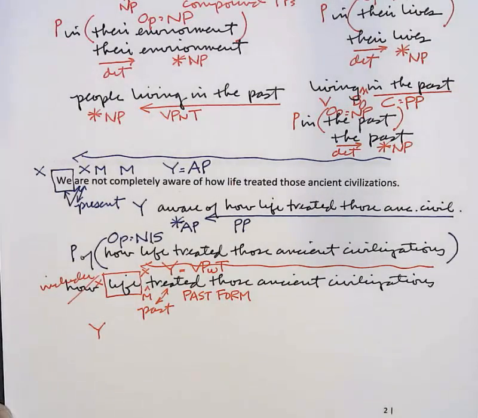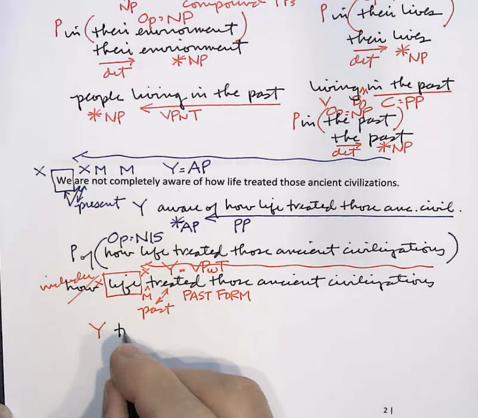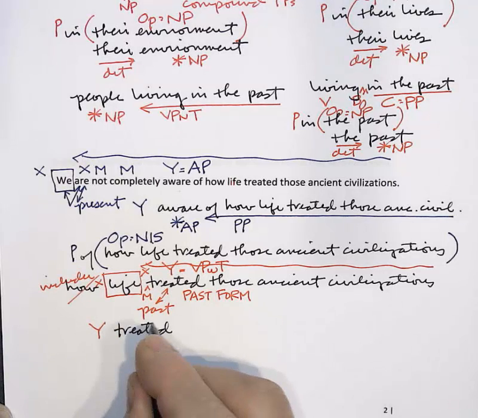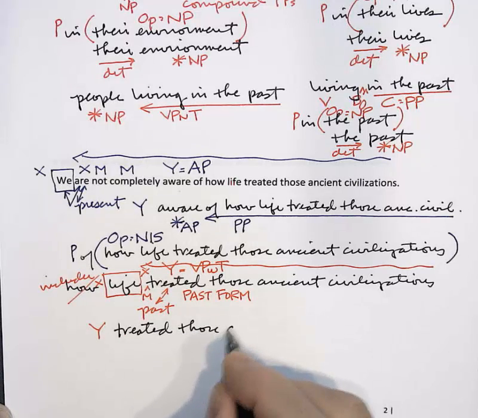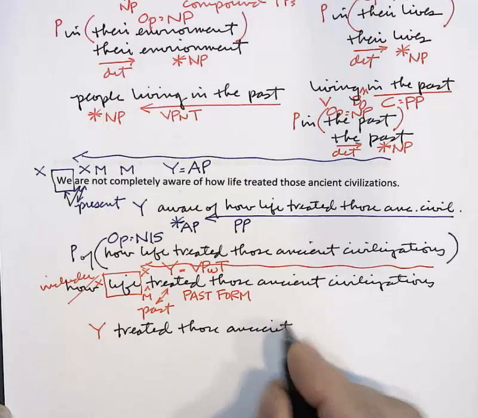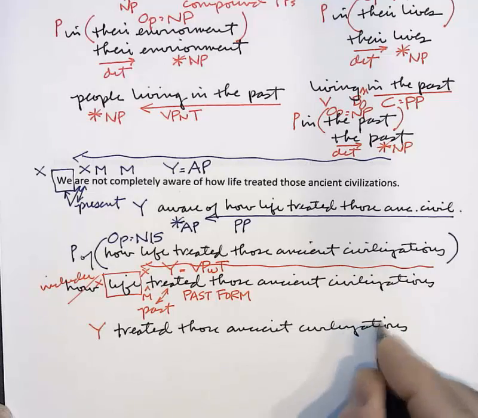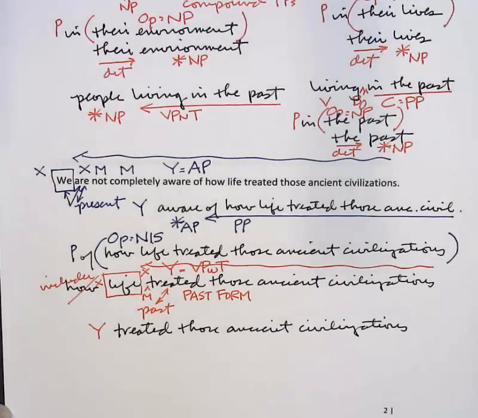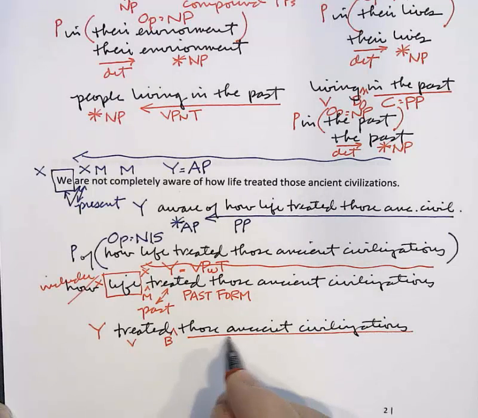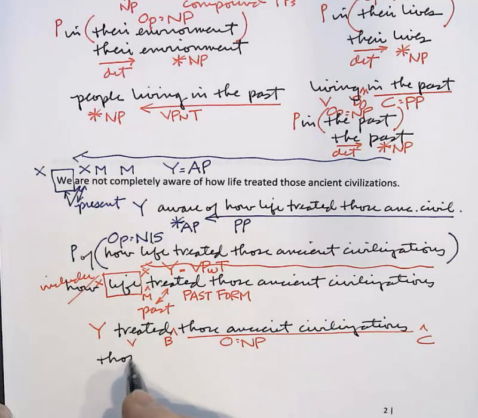We'll rewrite that Y. Treated those ancient civilizations, and treated is the verb. Particle place is empty. Those ancient civilizations is the object, noun phrase, and the complement place is empty.